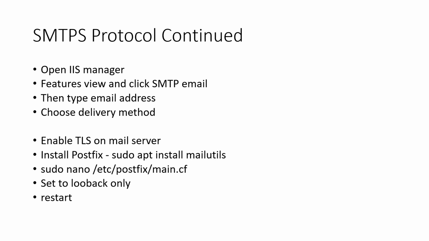So the postfix for Linux would be using this command, sudo apt install mailutils, and then you would go on to use the other commands, set it only to loopback, and then restart it. And also, you need to enable TLS on these mail servers, or SSL for more secure mail servers.